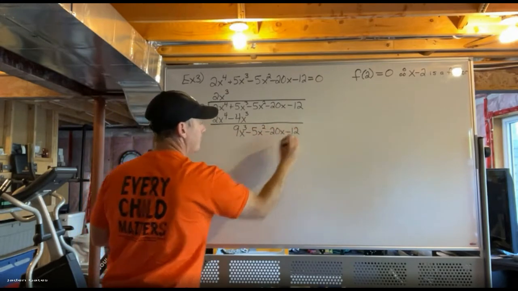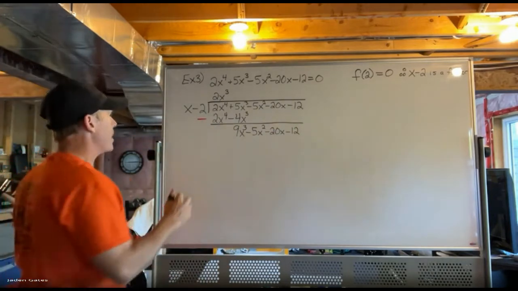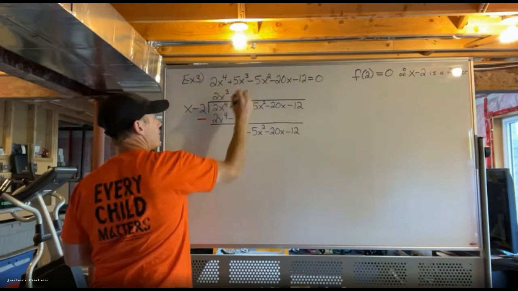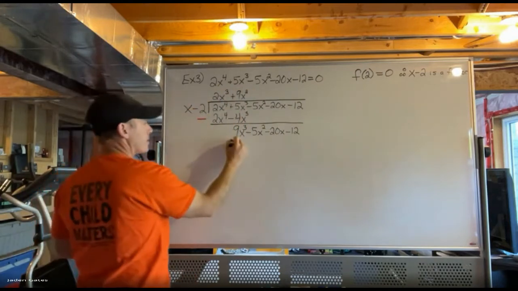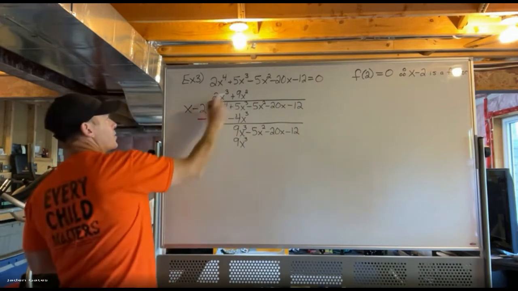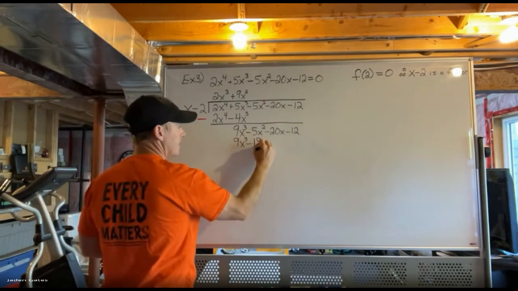Getting from x to 9x cubed, I'm going to have to multiply by 9x squared. So 9x squared times x is 9x cubed. 9x squared times negative 2 is minus 18x squared.